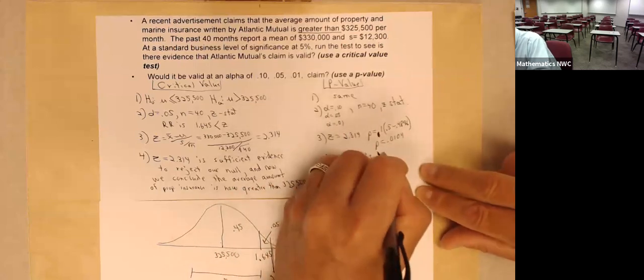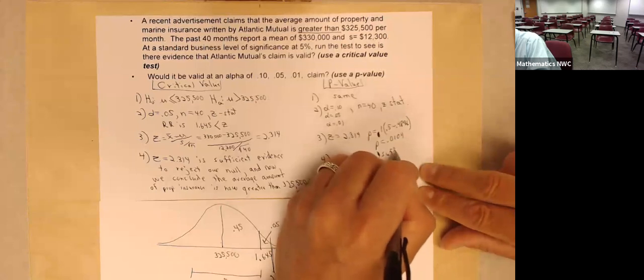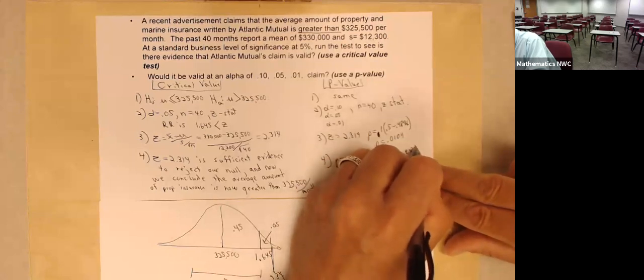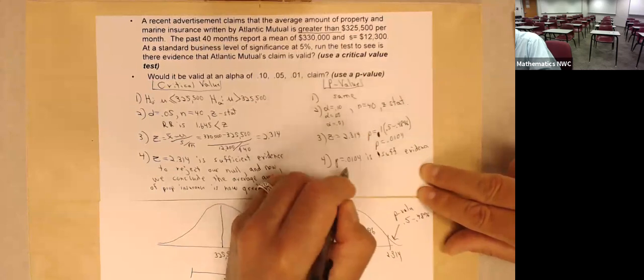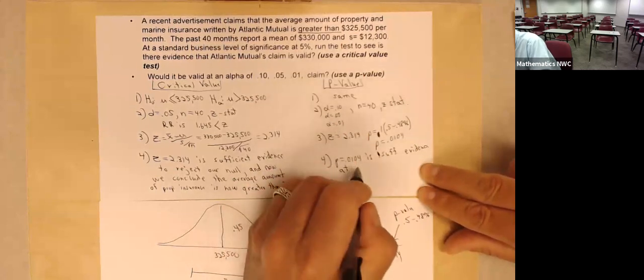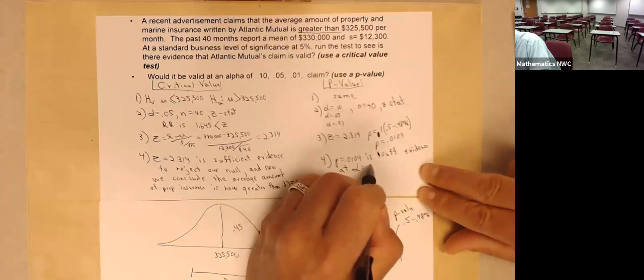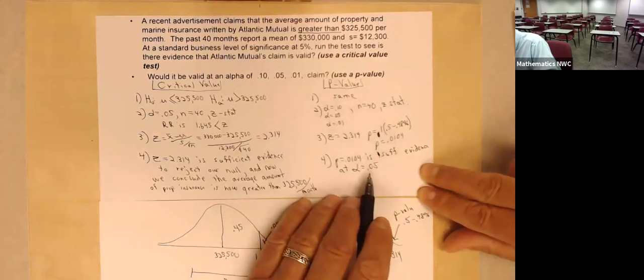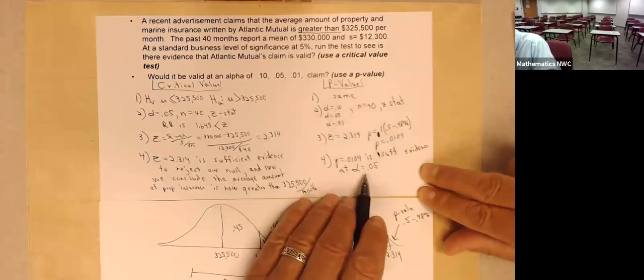So it is sufficient. Watch how I'm going to write this now. Sufficient evidence at, here's a key phrase in this particular one, at, I have to list the alpha that it works, at 0.05. That's my strongest statement I can make.